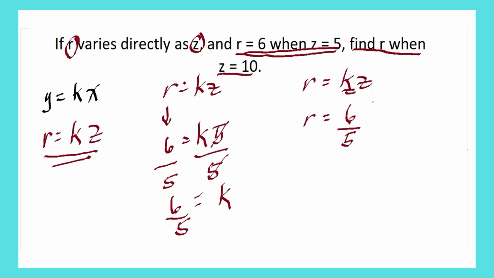And what is the value of z? The value of z is 10. You get me? Then you are just going to multiply this, using cancellation. So 5 becomes 1 and 10 becomes 2. So 6 times 2 will give you 12. So the value of r is 12 when z is 10.